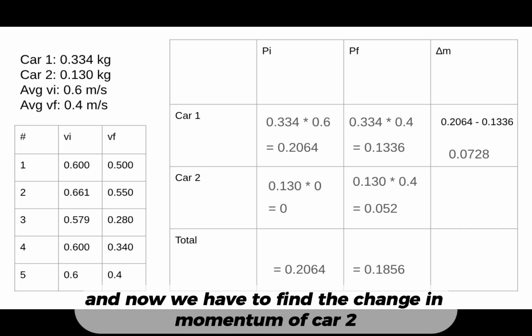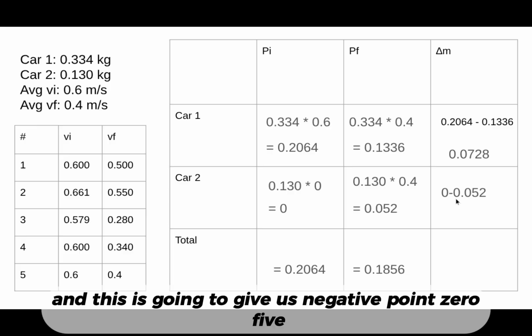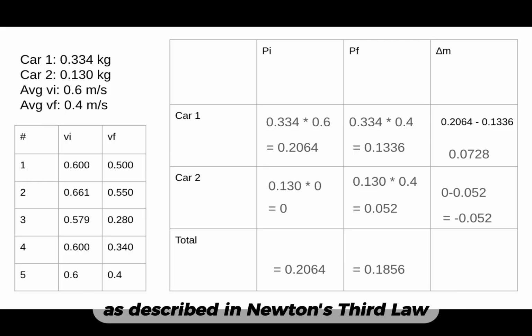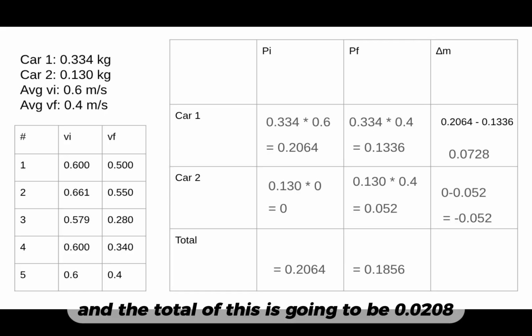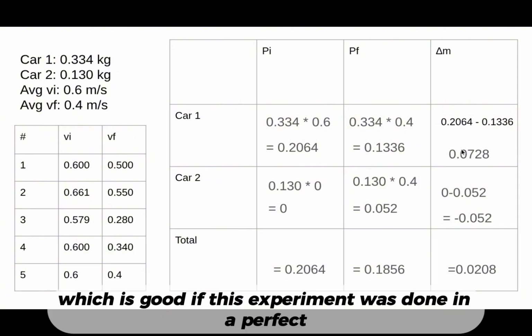And now we have to find the change in momentum of car 2, which will be 0 minus 0.052, and this is going to give us negative 0.052 because forces act in an equal and opposite way as described in Newton's third law, and the total of this is going to be 0.0208, which is very close to 0, which is good.